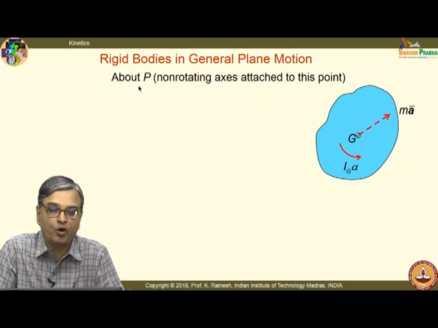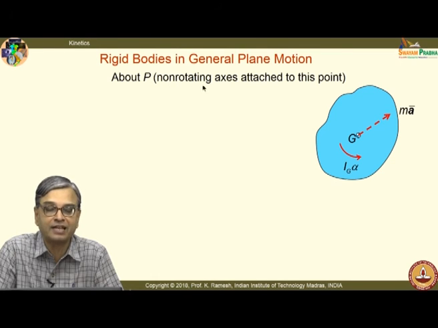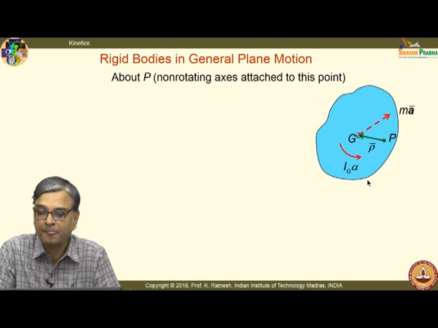And about point P, just to emphasize that we have attached a non-rotating axis to this point, I can also write the expressions, and for generality, the point P can be on the body or outside. So, I have taken it within the body here, and I represent any quantity related to the mass point with a bar.